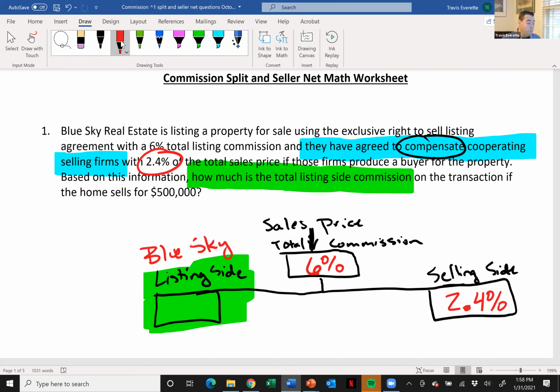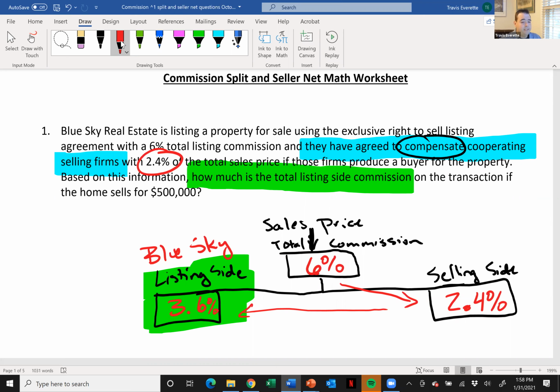Now, doing basic math, I know that 2.4 came from the 6, and so the remainder is what's over here on the listing side, which means there must be 3.6% over here. That's just 6 minus 2.4.